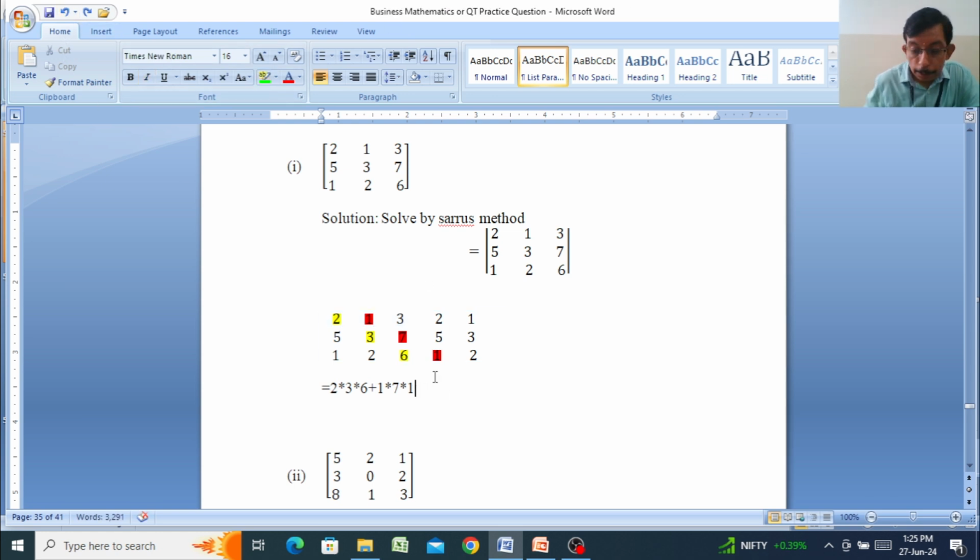Last value plus 3, 5 and 2. Close the bracket. All three diagonal element multiplications are complete.